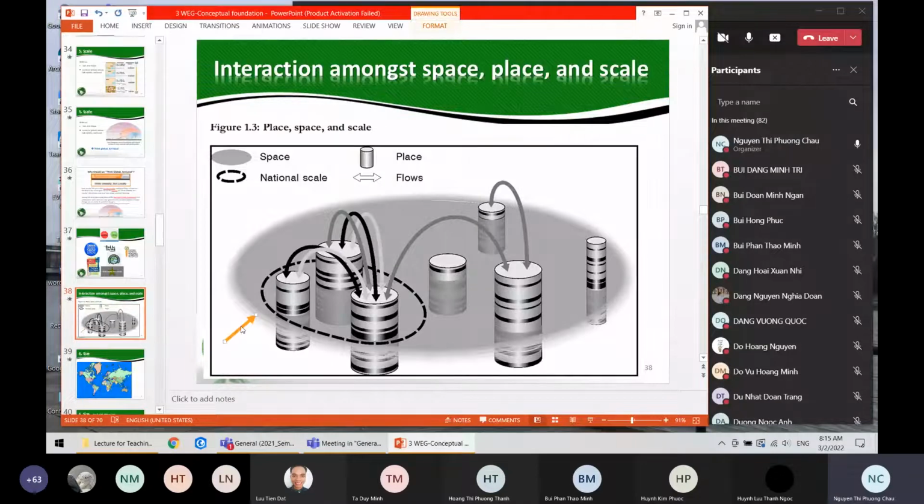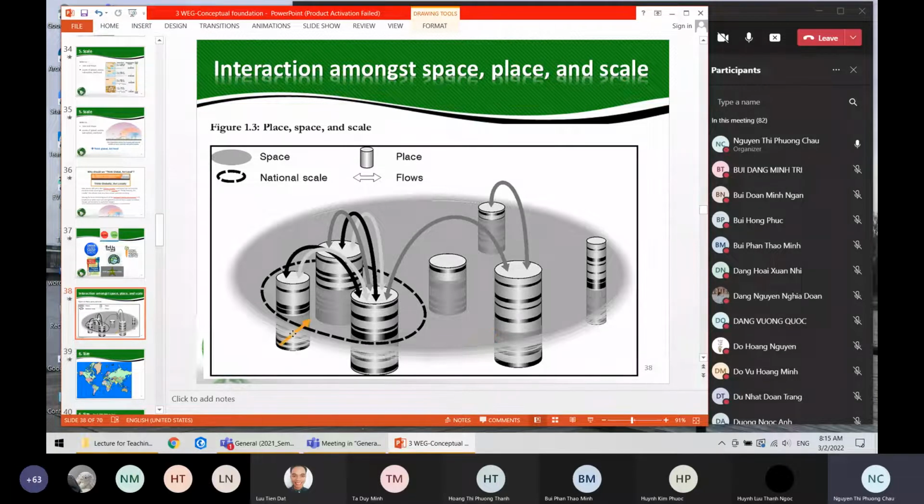We can see there are different spatial interactions amongst the scales, right?